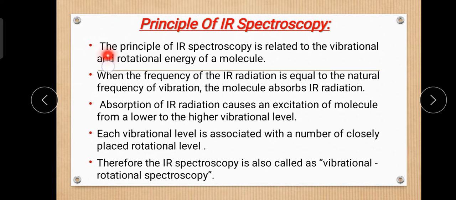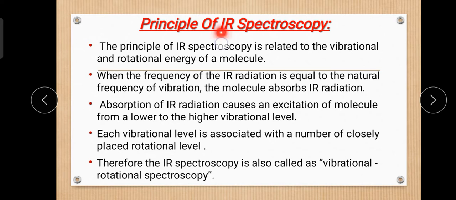The principle of IR spectroscopy is related to the vibrational and rotational energy of a molecule. In a molecule or atom there are different energy levels. The main energy levels are the electronic energy levels, which consist of vibrational energy levels, and the vibrational energy levels consist of rotational energy levels.